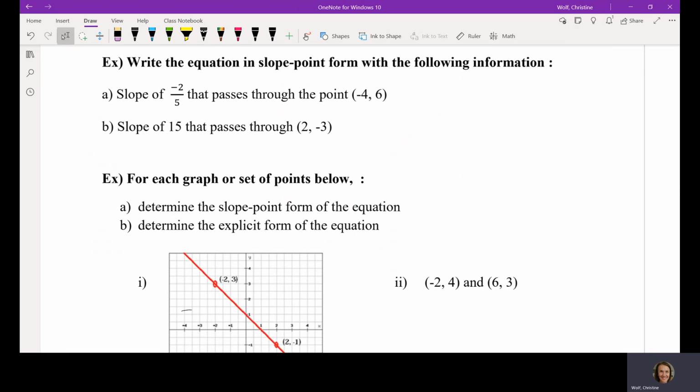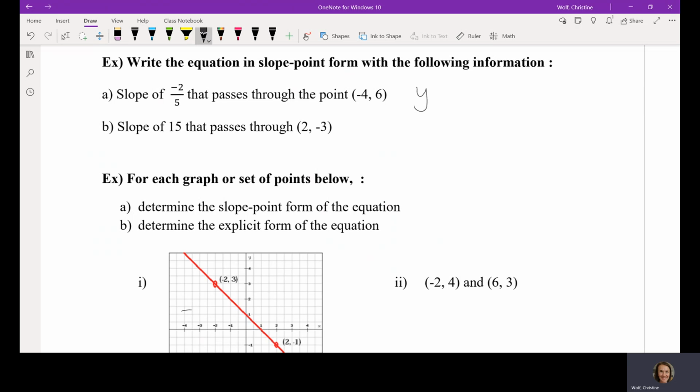This next question is just the opposite. I give you the information, you make the equation. Super simple, okay? So write the equation in slope point form of a slope that is -2 over 5 and it passes through the point -4, 6. Okay, so it's y, starts off the equation always. And then beside y is the y value from the point.